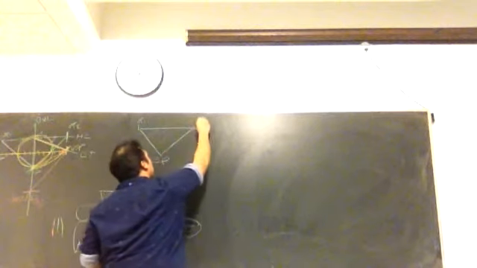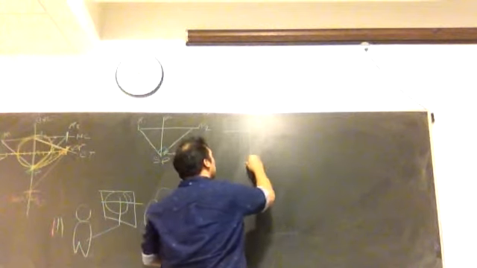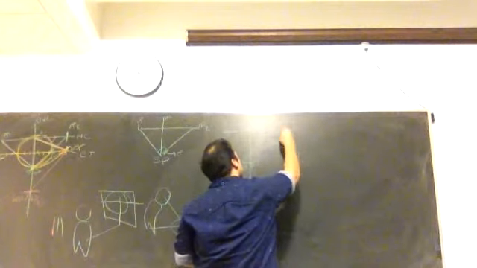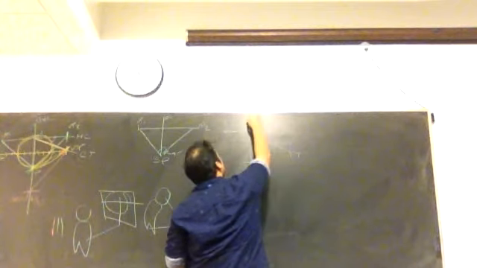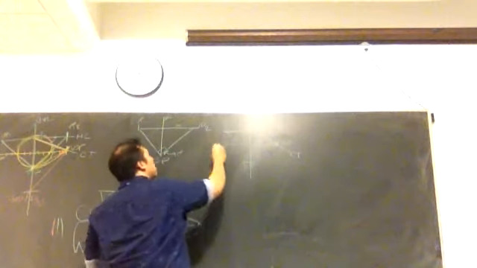Right? So, the relationships we have established so far is this. Okay, so those are some of the relationships we've established so far.